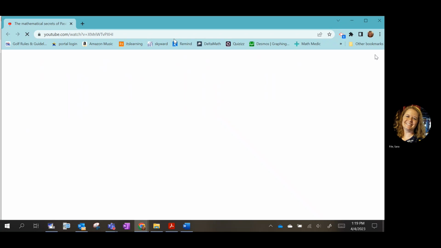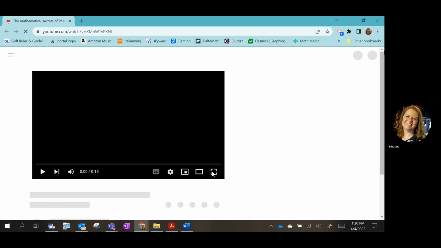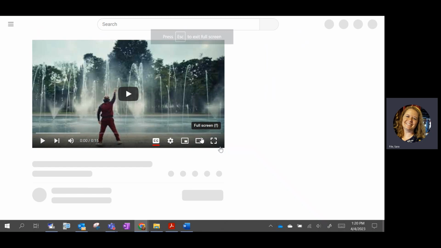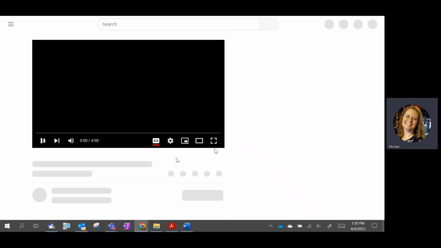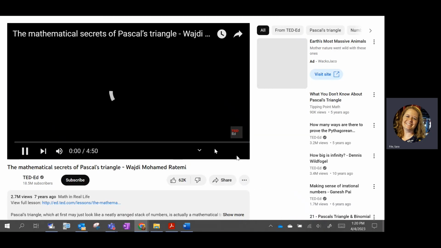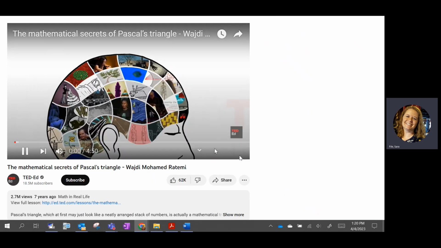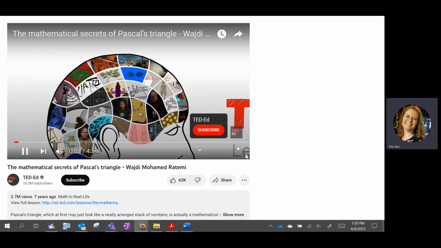We've got to watch a little ad, I think, to start this. There is some space on the bottom half of the back of that page where you can take some notes if you would like to.